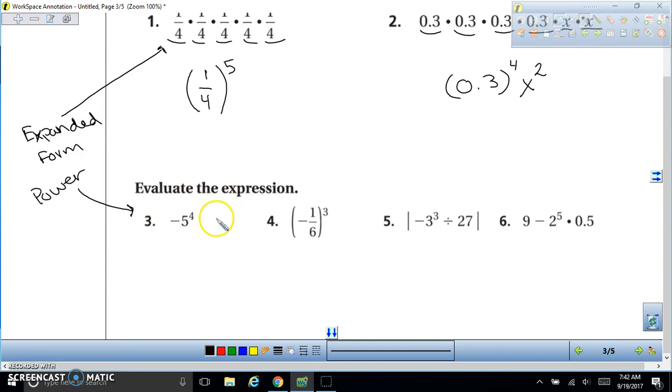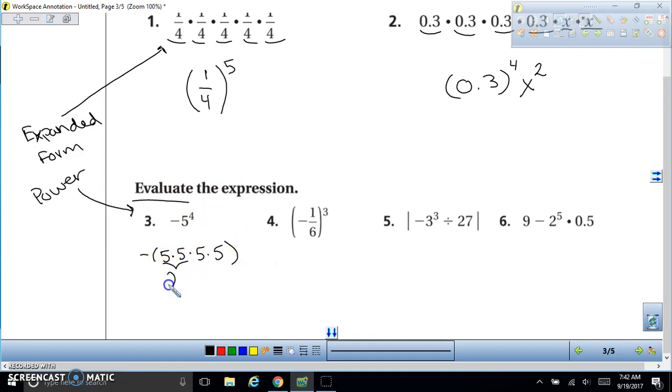This -5 doesn't have parentheses around it. This is what it means. It means 5 times 5 times 5 times 5, and a negative sign outside of it. It's a positive 5 being multiplied 4 times, and then a negative sign tagging along with it. So we expand the problem out. This is how we evaluate. Expand the problem out. Now we're going to go through and do the multiplication.